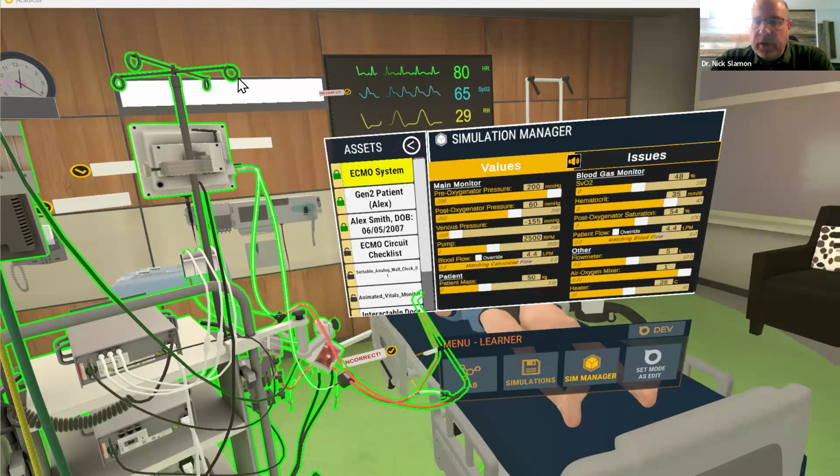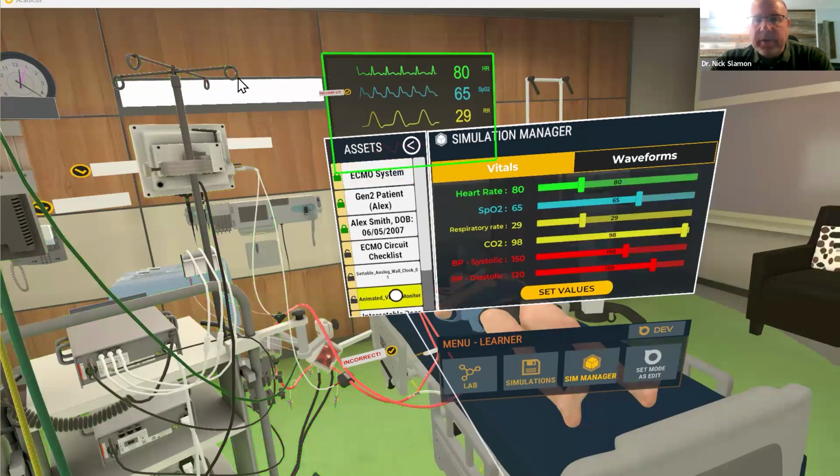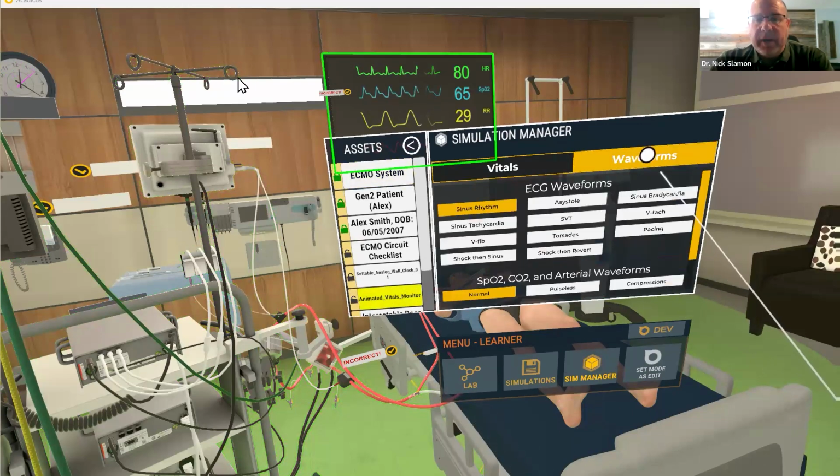So there was a plan for taking advantage of things like the sliders that can easily change the pressures or change the RPMs or change the temperature of the circuit. Being able to control the vitals monitor and the previous builds of the vitals monitor, where we could go from a normal waveform to an abnormal waveform in the click of a button. We wanted all of this to be out of the view of the people in the simulation.